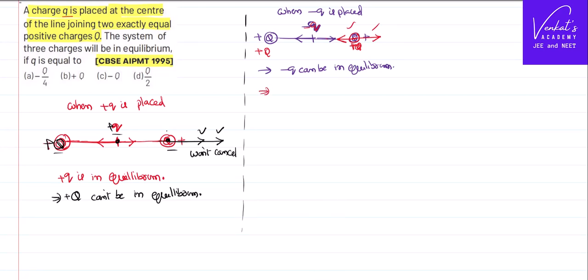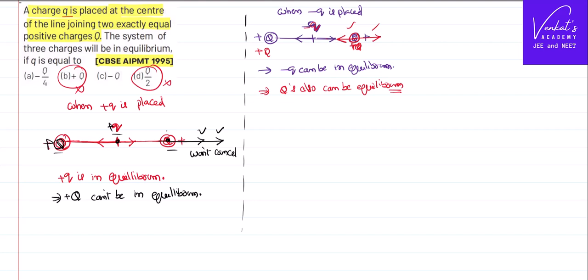That implies the Q's also can be in equilibrium. So, the first thing you need to understand is, in between you have to keep a negative charge, not a positive charge. So, definitely these two options are wrong. I need not even look into that further, they are wrong.